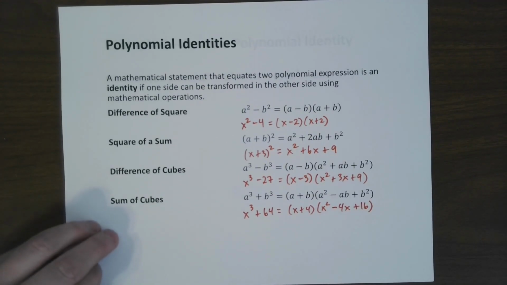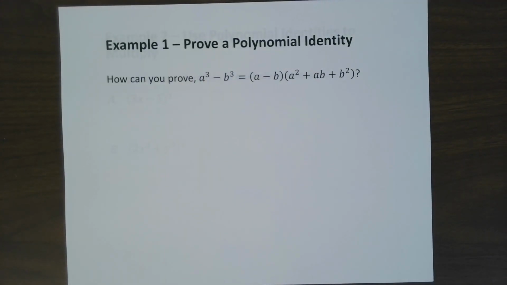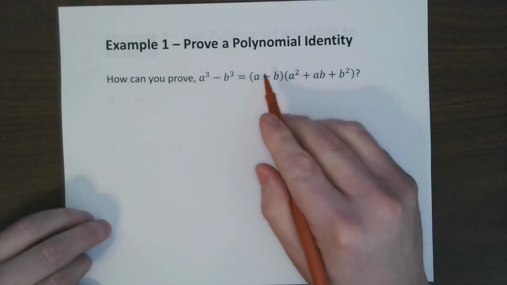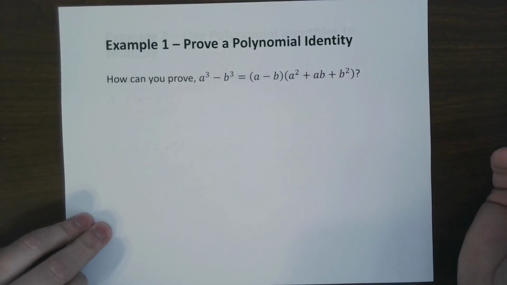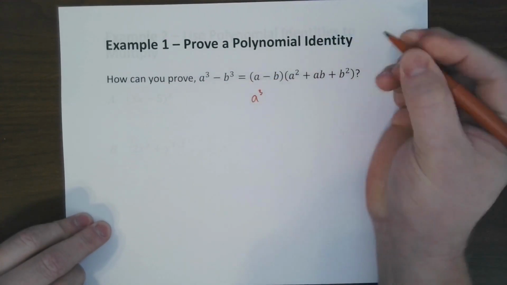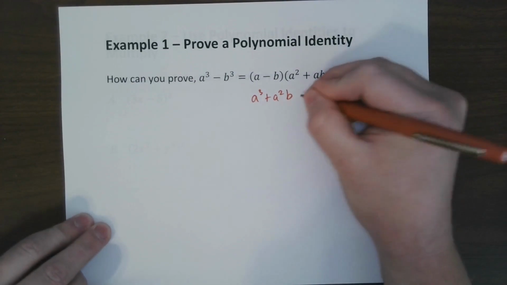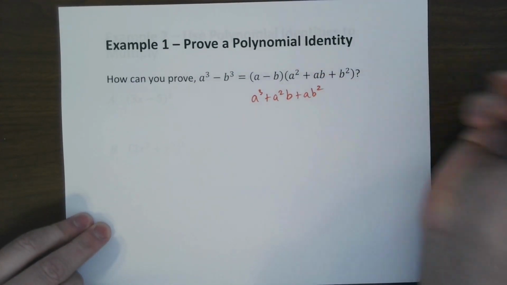It's nothing more. So here's my question. How can I prove this to be true? Well, the easiest way is just to go ahead and multiply this side and see what happens. So I'm going to first multiply everything by a. That'll give me a cubed plus a squared b plus ab squared.